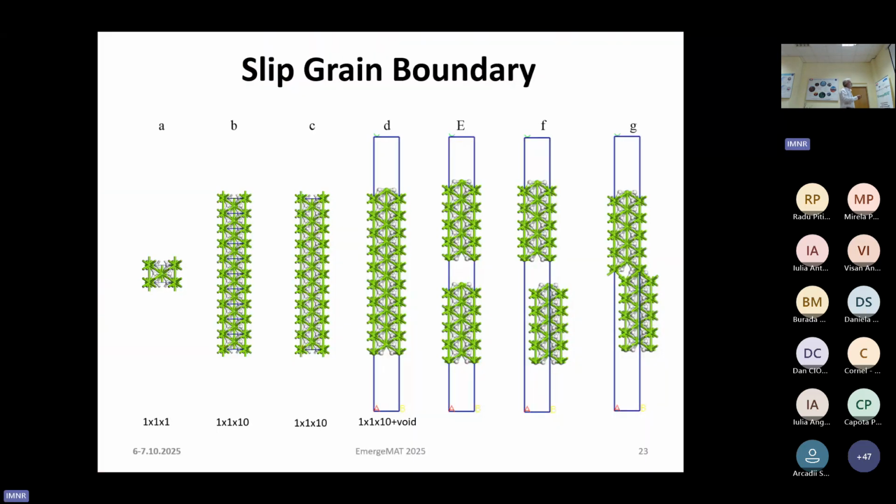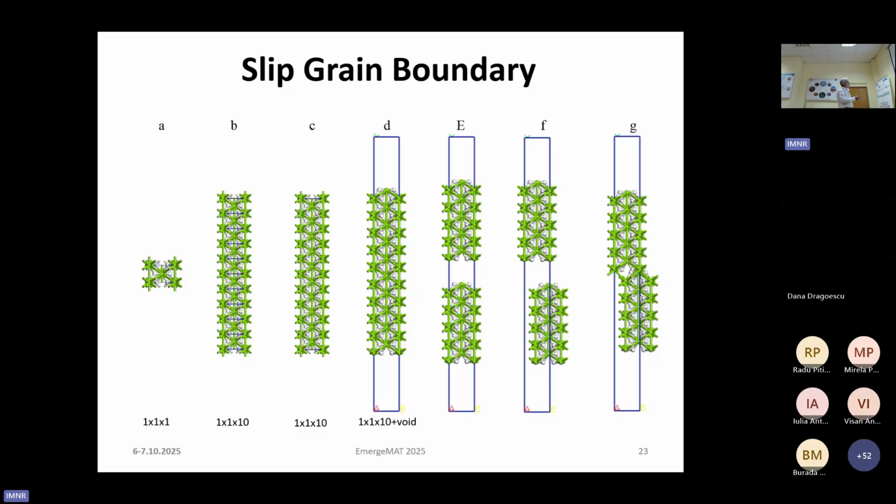Like here, if we start with this, the unit cell of alpha magnesium hydride, we can build a column, let's say 10 such unit cell along C direction. Then we can determine a plane of cutting, and we do the cleavage. So we separate the two materials, and then we shift one and put it back.